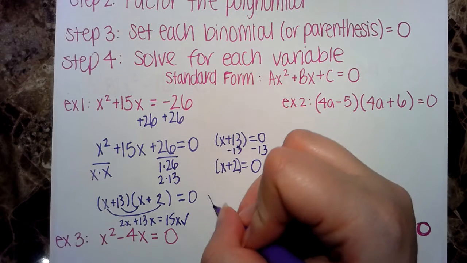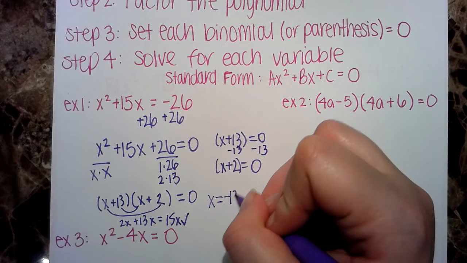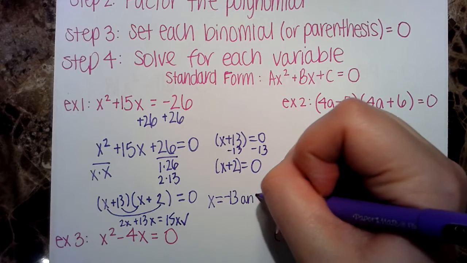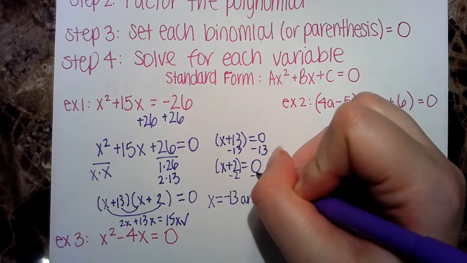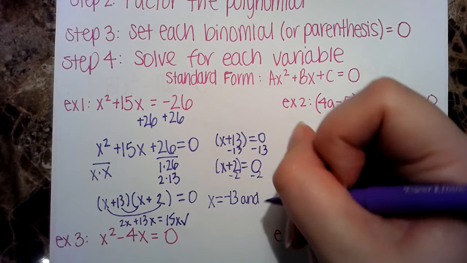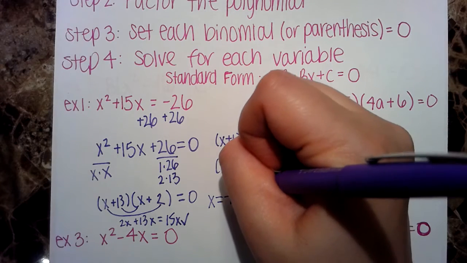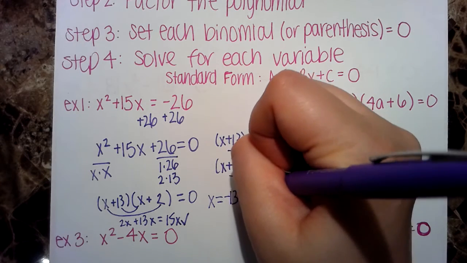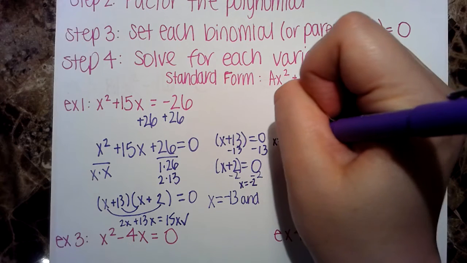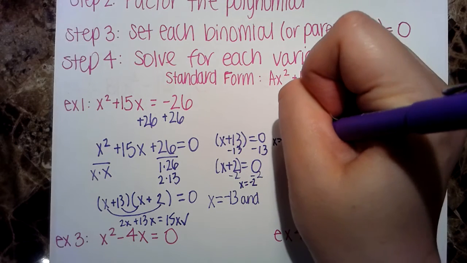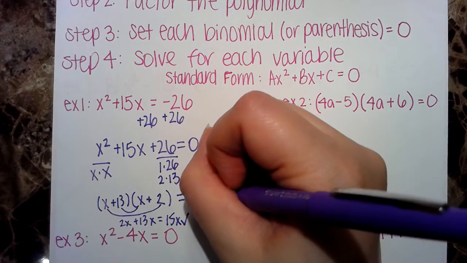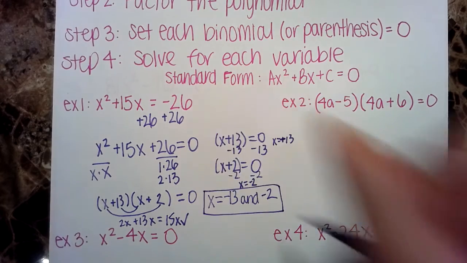So one of my answers is going to be x equals negative 13. And I'm going to subtract 2 from both sides, and I'm going to get x equals negative 2 and x equals negative 13. So that is my answer.